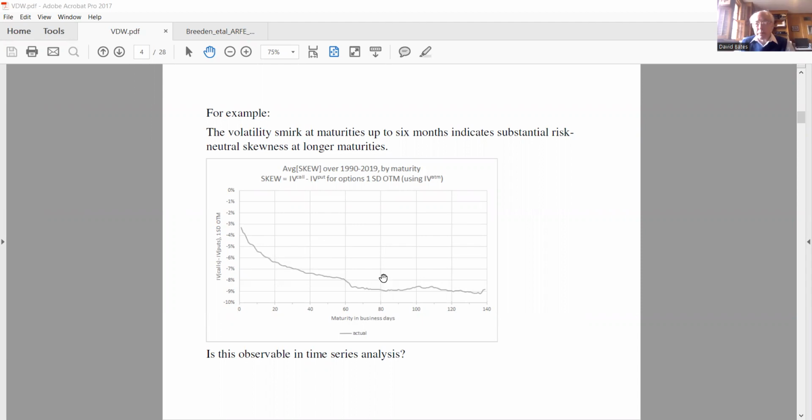So this is a proxy for risk-neutral skewness, and it's saying that there's pronounced risk-neutral skewness at longer horizons. To my mind, that's a better model for downside risk than, say, the time-varying rare events disaster risk models. But that's what options are saying.